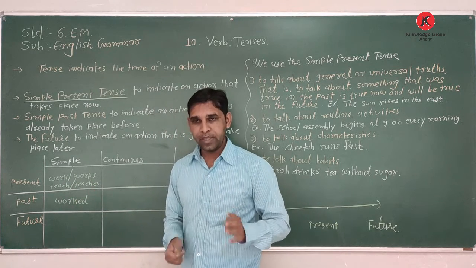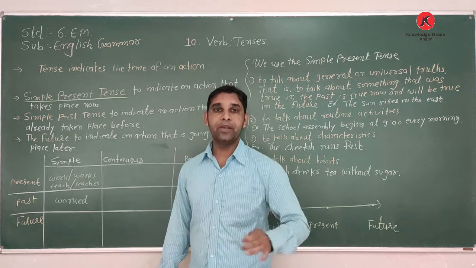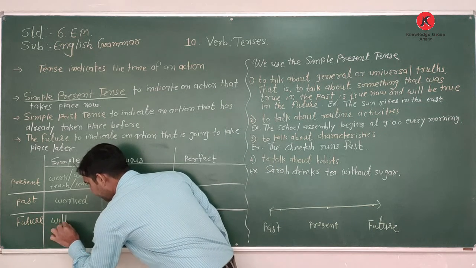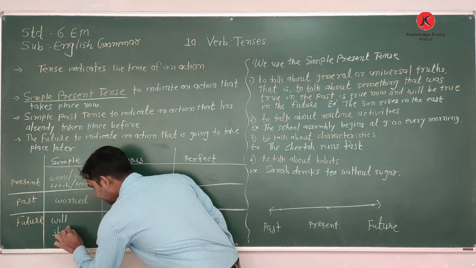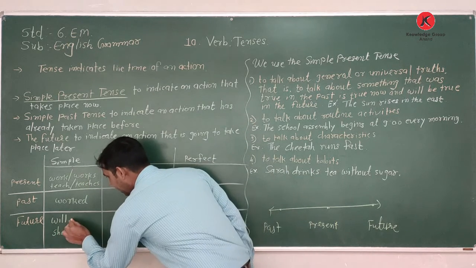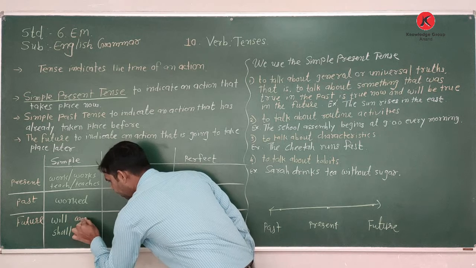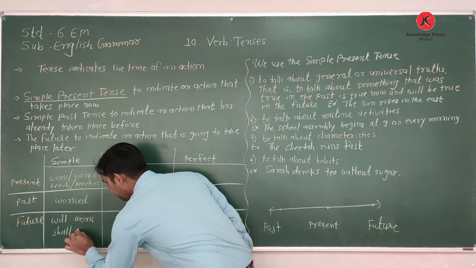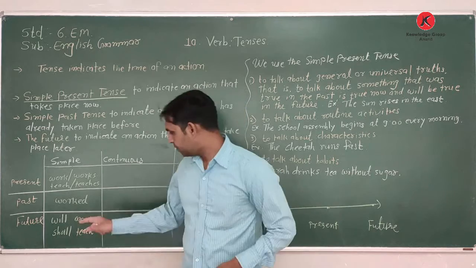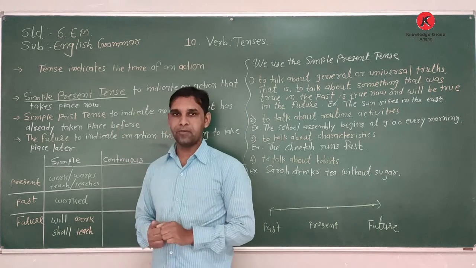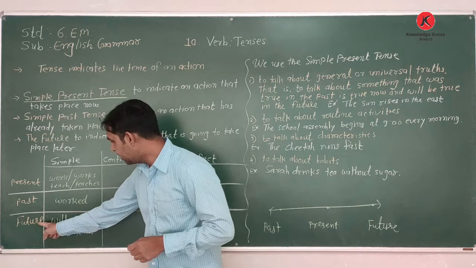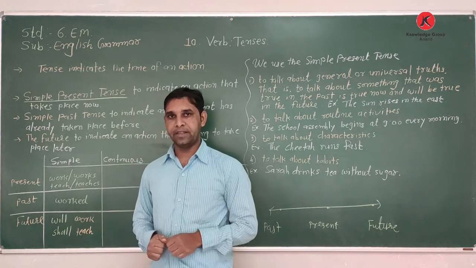We add only the helping verb, will or shall, with the verb. If we use the verb teach, then will teach, shall teach. This helping verb we use in simple future tense.